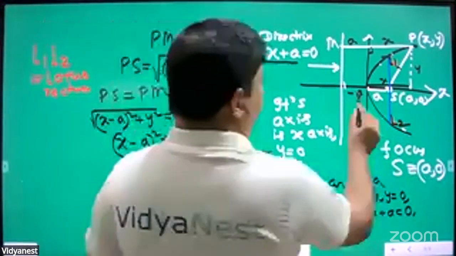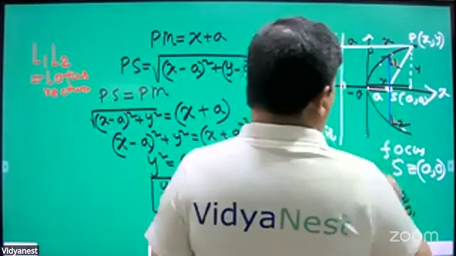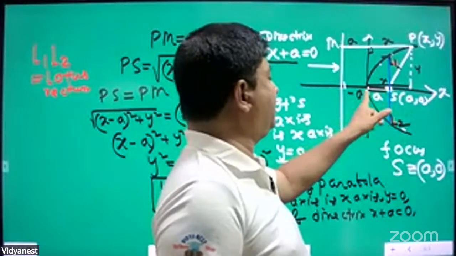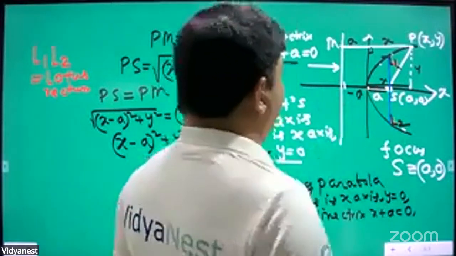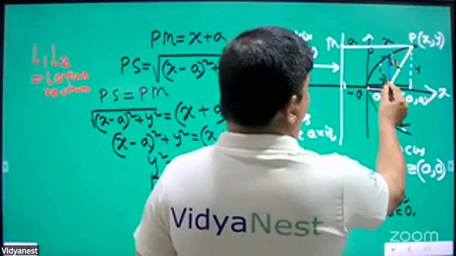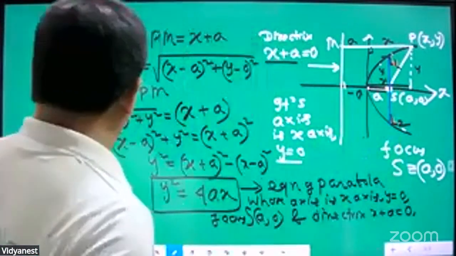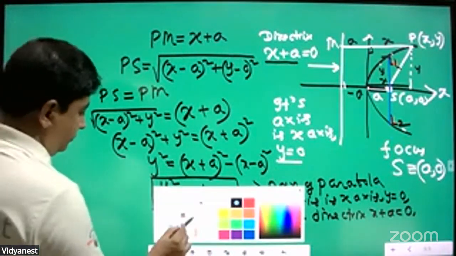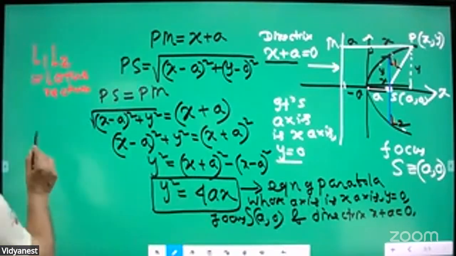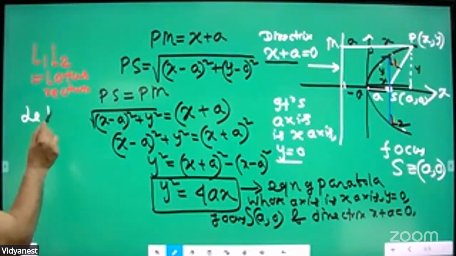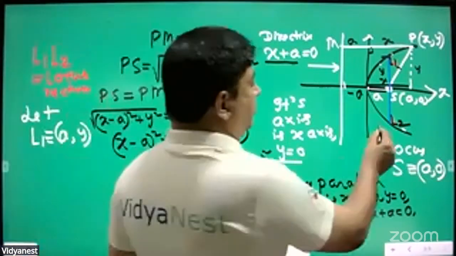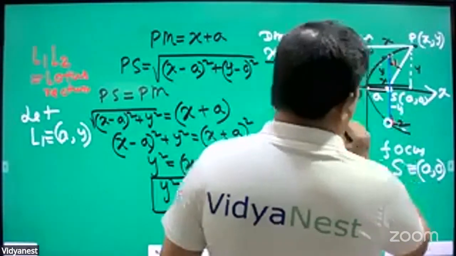See, the focus is a unit distant from the origin and I am letting its ordinate be y. So you do it in this way, let L1 be a comma y and L2 is the image of L1, so minus y.